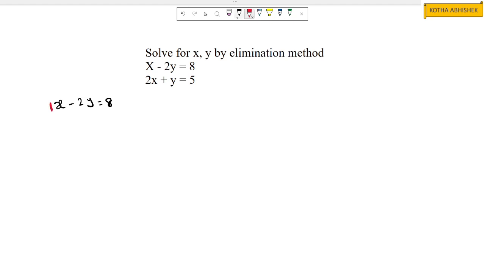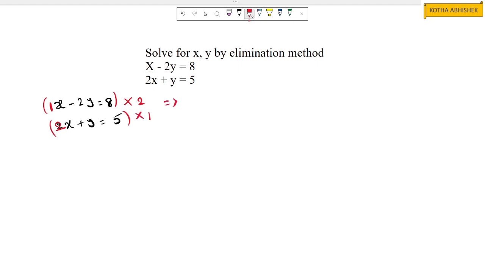Now let us move to the second equation, that is 2x plus y equals 5. Here before x we have number 2, so x coefficient is 2. In both cases the x coefficients are different, so we need to do a little process: the first equation we need to multiply with the second equation's x coefficient, which is 2. The second equation we will multiply with the first equation's x coefficient, that is 1.